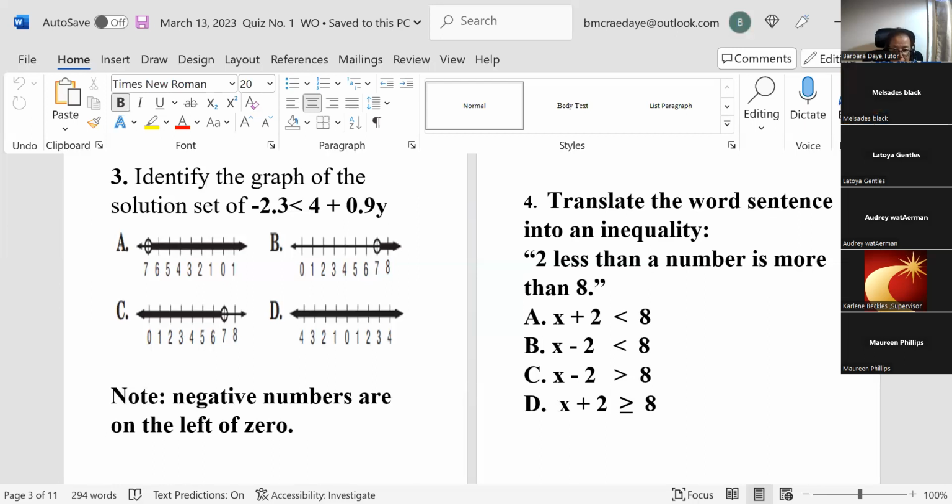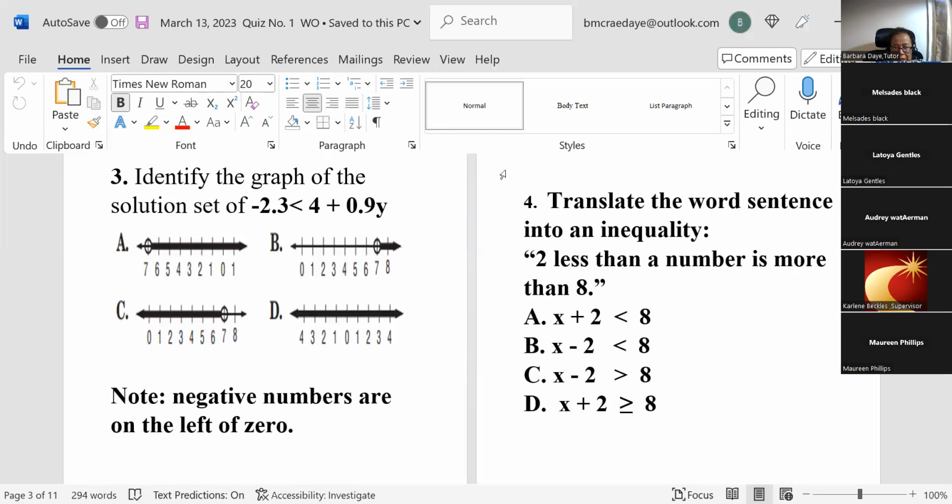Miss Barbara, on number 4, the top words are across your screen, so I can't see the rest.